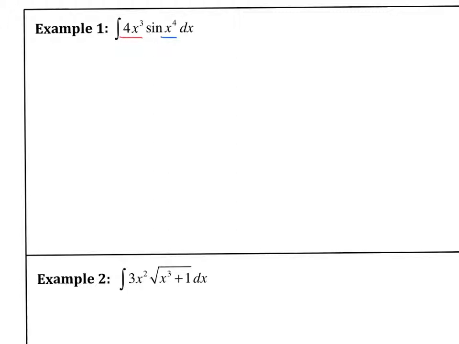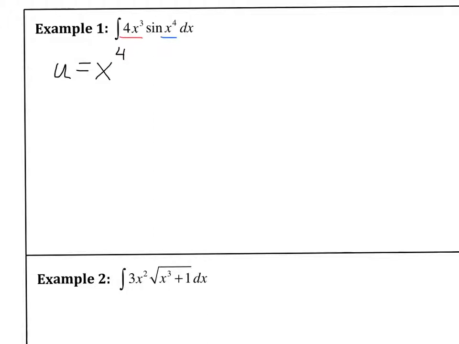I don't see a cosine anything hanging around. So because I just see the derivative of x to the 4th, I'm going to call that u. X to the 4th, you are now u. And I saw its derivative as well.